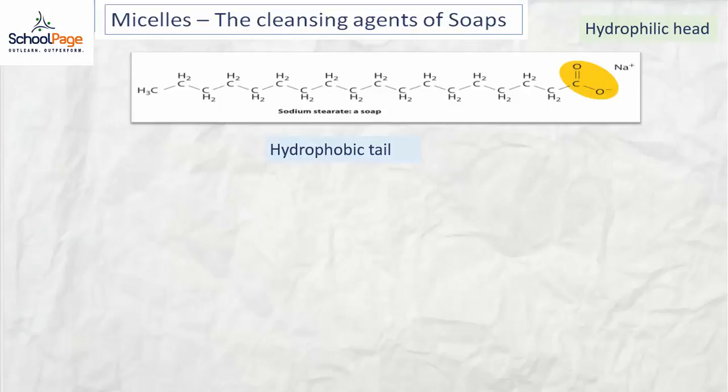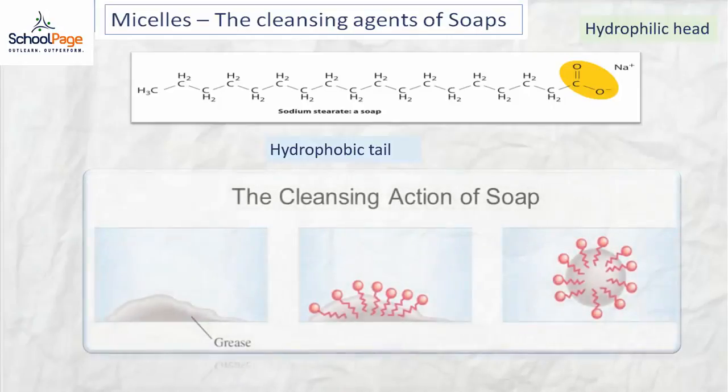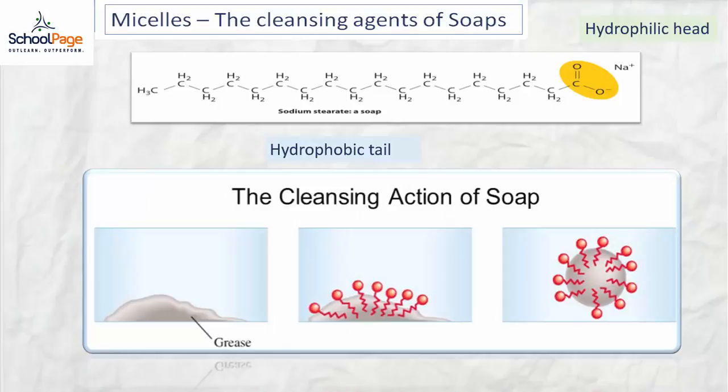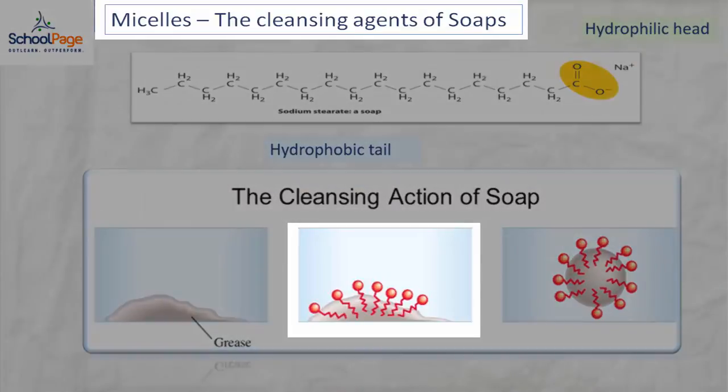So let's see what happens when we dissolve a soap or a detergent in water. When you dissolve a soap in water, it first forms a colloidal suspension and the soap molecules get aggregated around the dirt. As you can see here from the second picture, the hydrophobic tails get attached to the dirt, whereas the hydrophilic heads remain suspended in the water.